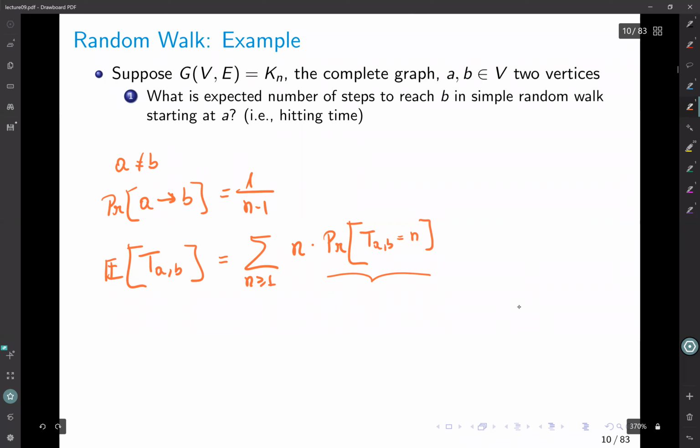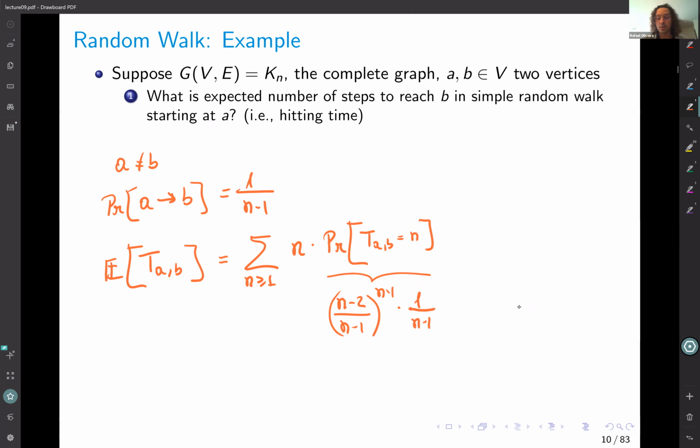So it's (n-2 over n-1) to the n-1, times 1 over n-1. Exactly, we need the first steps to not reach B. To not reach B, I have to go to any other vertex but B, and if I'm at A, I cannot go back to A. So I have n-2 over n-1 to the power, and then from whichever vertex I am at, exactly 1 over n-1. Correct?